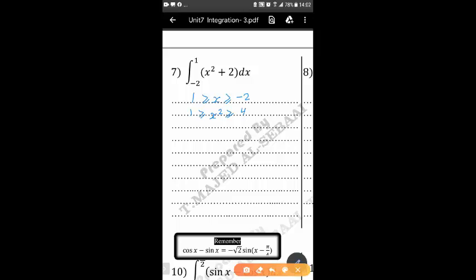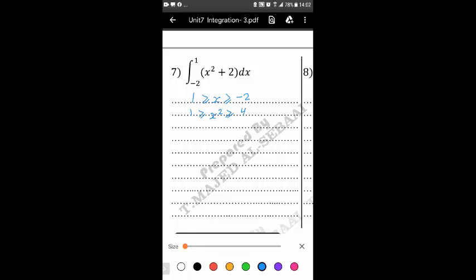Does it make sense? Yes. Okay. But this is wrong. This thing is wrong. Why wrong? Teacher, what is the mistake that we did? I will tell you what mistake you did. I need you to remember the number line.